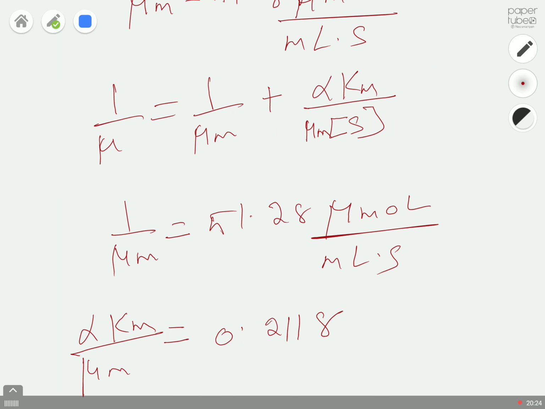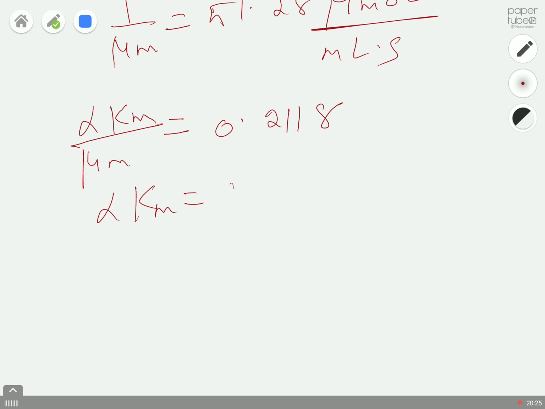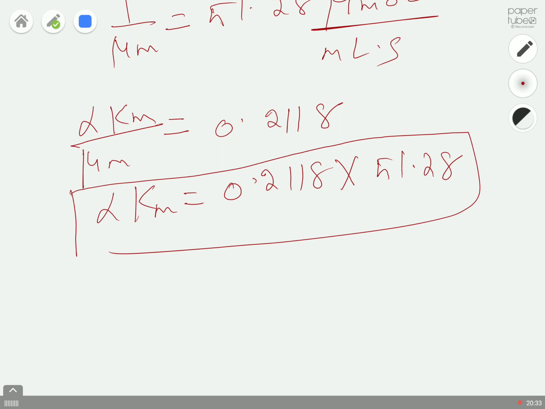So alpha into km will be equal to 0.2118 multiplied by 51.28, which is 10.86154.